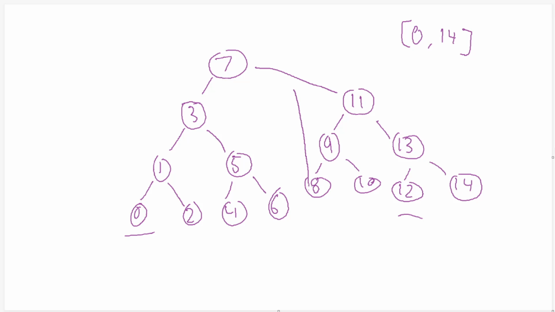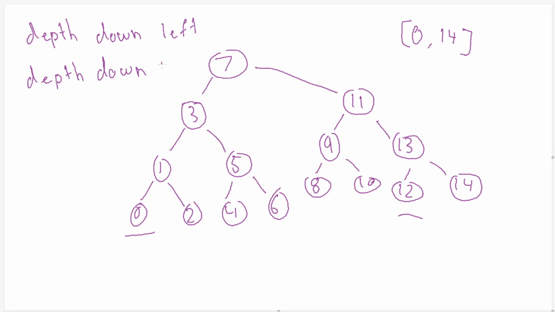So it has to be down this right path. What if we get the depth down the left side, and then the depth down the right, and then we just add them together? This is 1, 2, 3, and then we're just going to add these together, I guess. So, is that good enough?